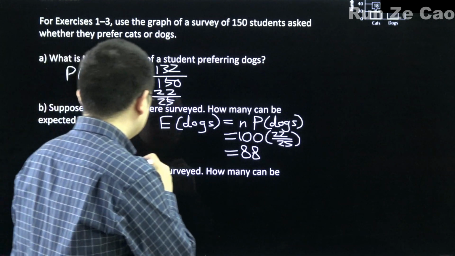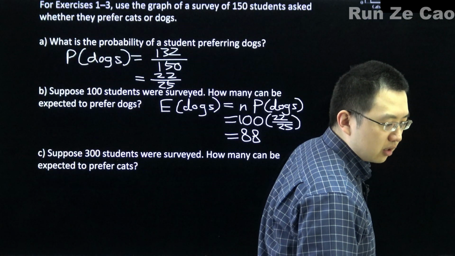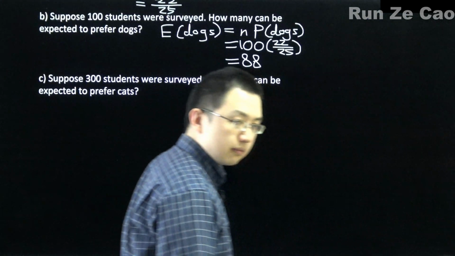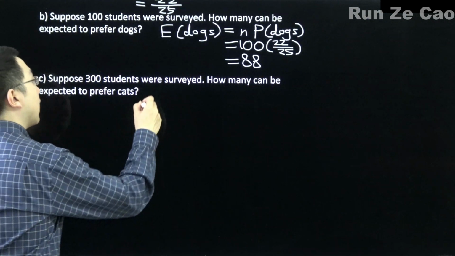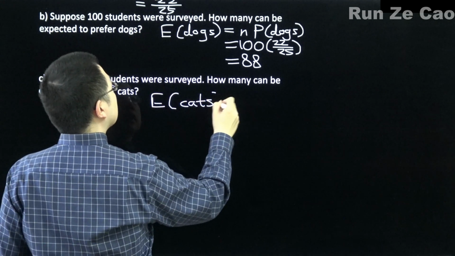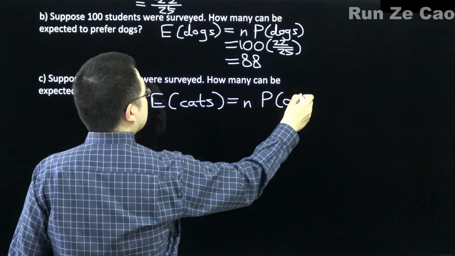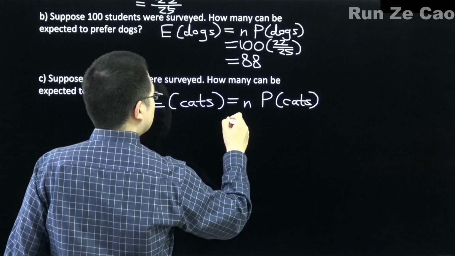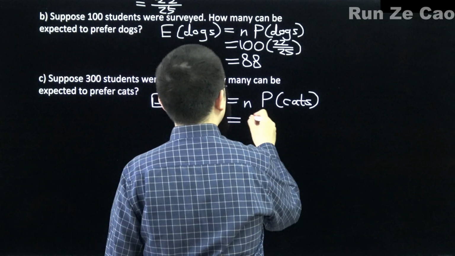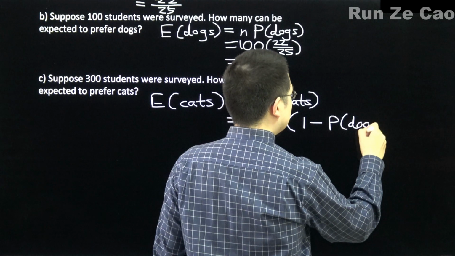Now, suppose 300 students were surveyed, and how many can be expected to prefer cats? That would be expectation cats equals n times probability of cats, which is going to be 300 times 1 minus p dogs.